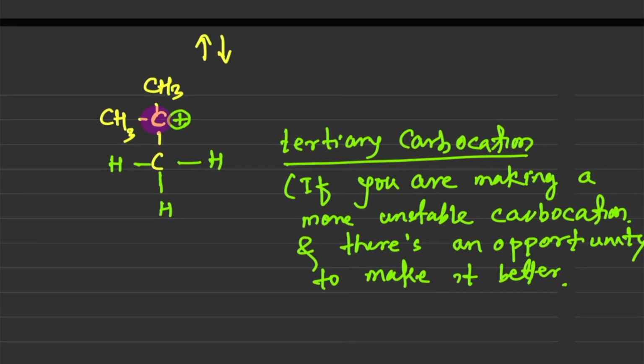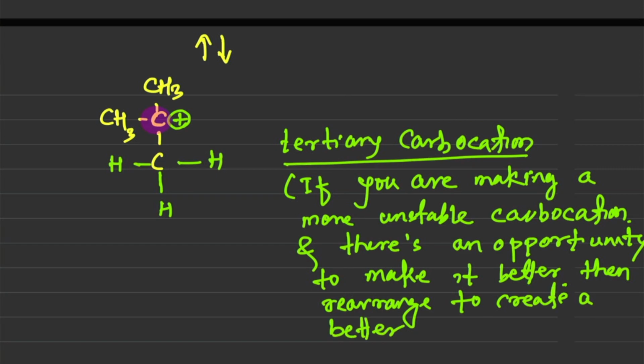Make it better. Like, let's say you have a primary carbocation or secondary carbocation, and by switching it, if you think it's going to be a better carbocation like tertiary, then do it. Rearrange to create a better carbocation.